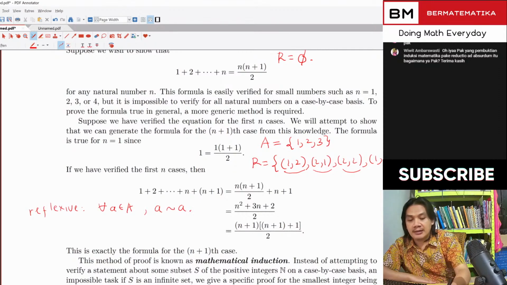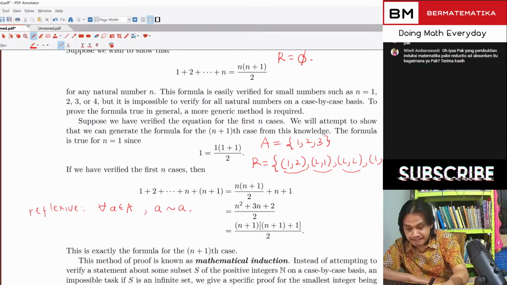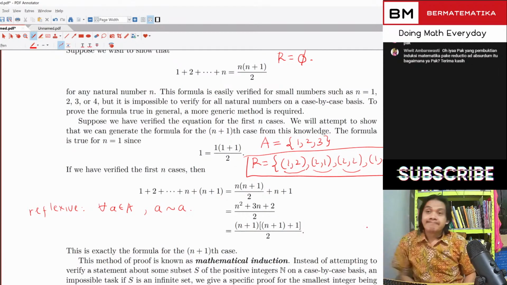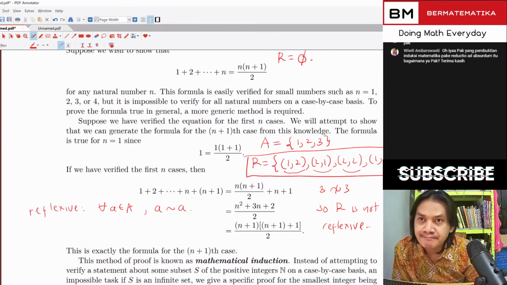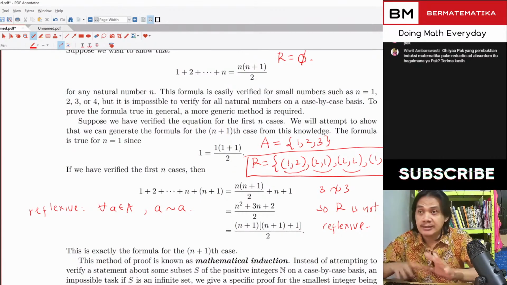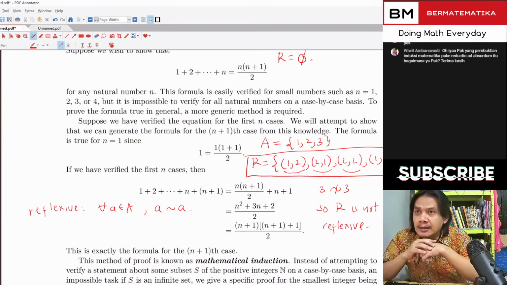Meanwhile, in this relation R, 3 is not in relation with 3, so R is not reflexive. Okay, so that's the one that we discussed earlier.